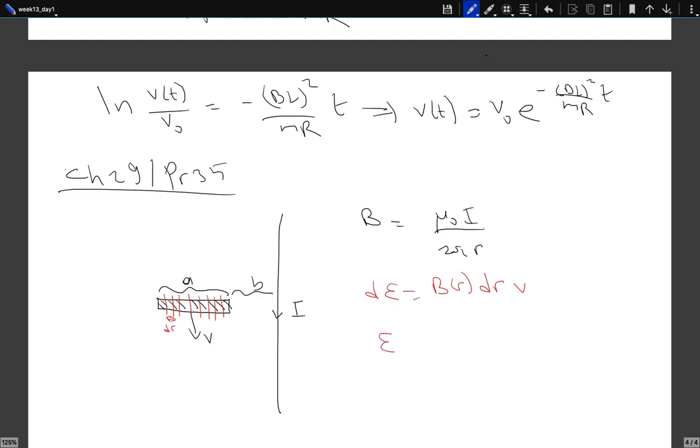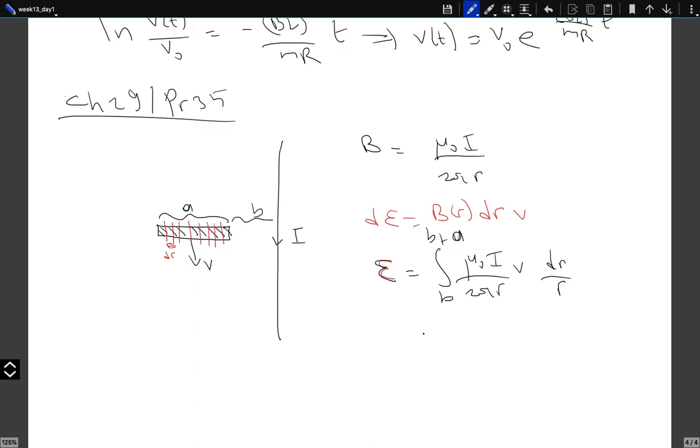So the total EMF would be just the integral of mu 0 I over 2 pi r times v times dr, from the point b to the point b plus a. Or, mu 0 I over 2 pi v times the logarithm of (b plus a) over b.